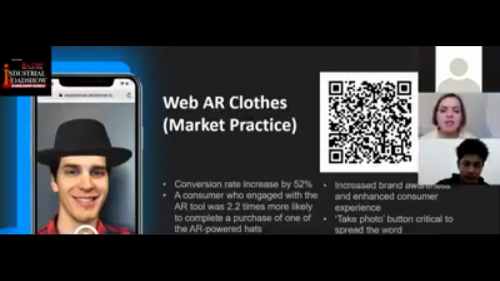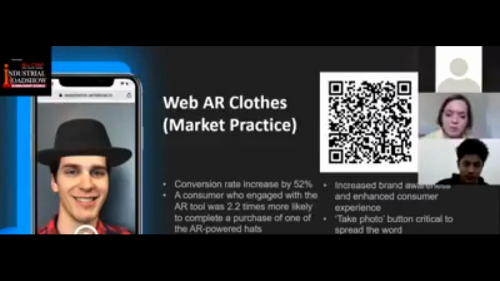This webpage is bringing you to a place where they're selling one sort of hat, and you could actually tap this try on option and see the hat on your head, and then you could see how it fits you. 10th Street Hat are a very big brand of hats, and they have this huge coverage in mass media, and they told us that the conversion rate of their website increased by 52%.